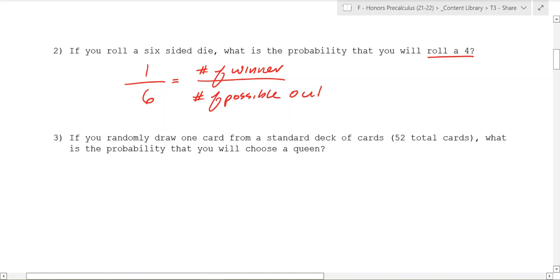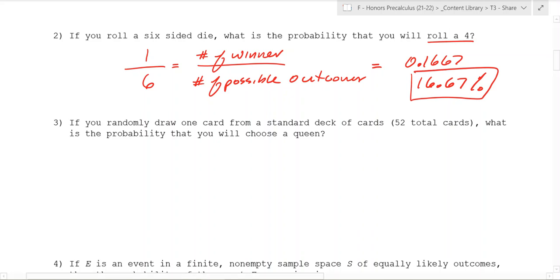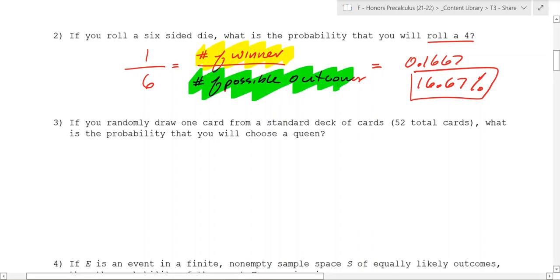So you have a 1 out of 6 chance of rolling a 4, which is 0.1667, or 16.67% if you round to 2 decimal places. So remember, it is the number of winners over the number of possible outcomes, and that's going to be your probability.